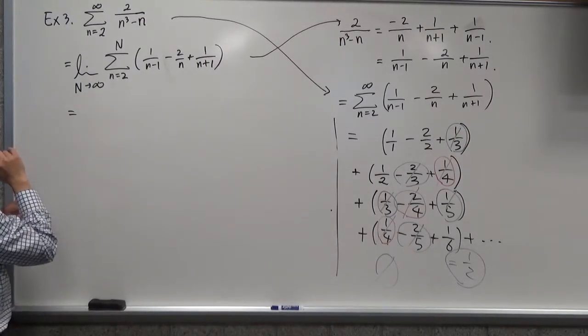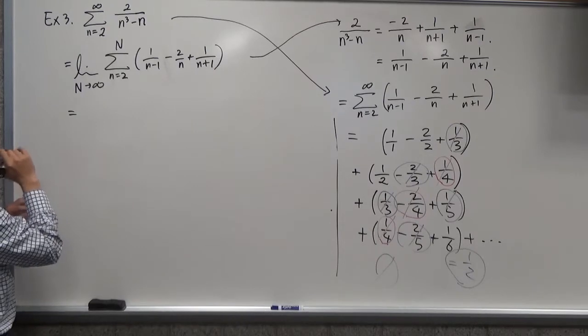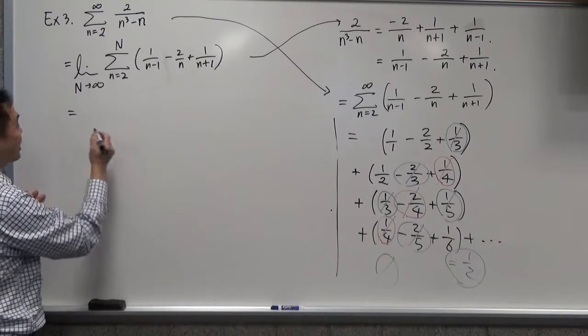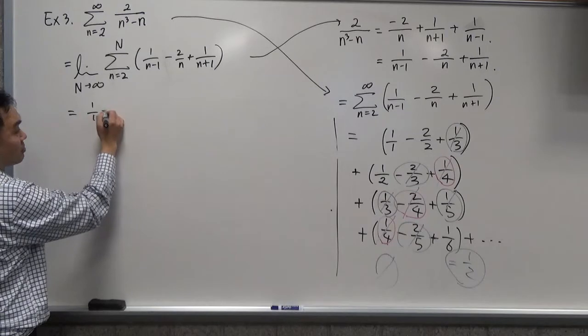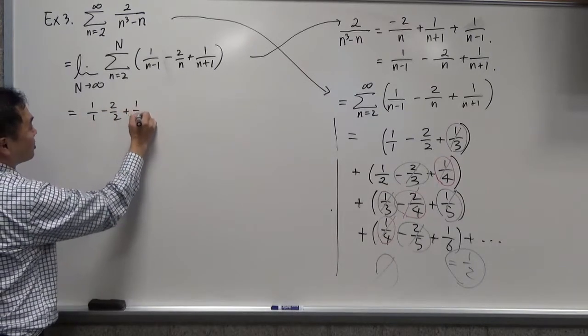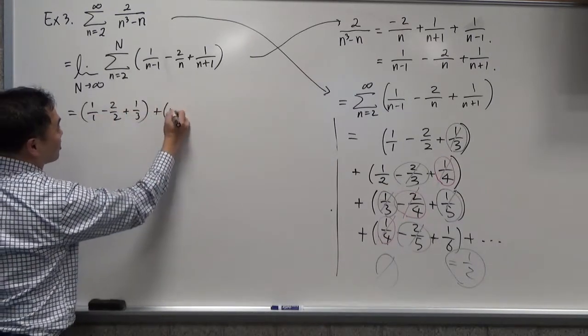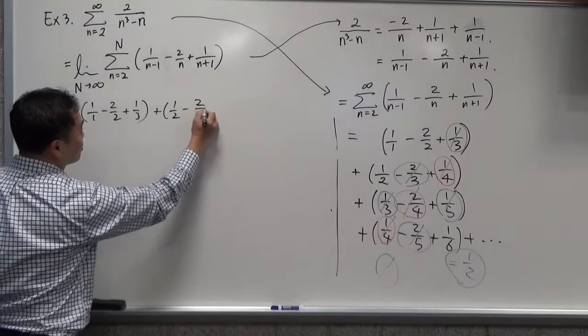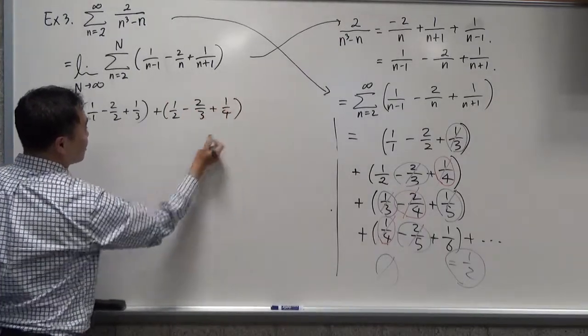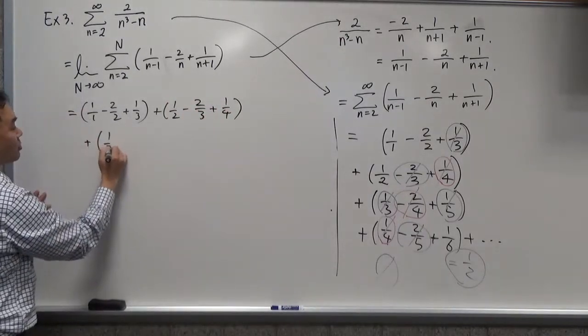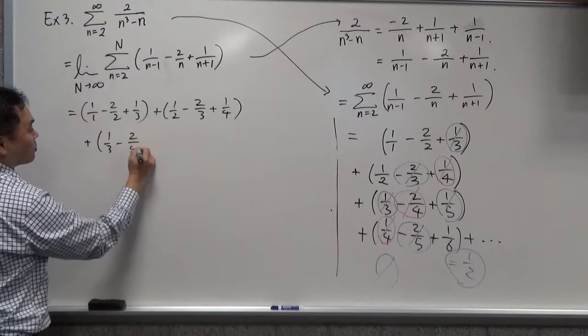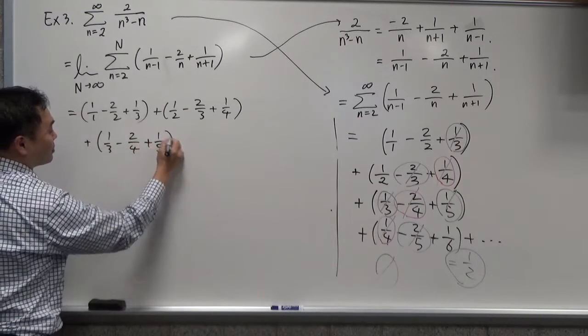The beginnings are the same: 1 over 1 minus 2 over 2 plus 1/3, plus 1 over 2 minus 2 over 3 plus 1/4, plus 1/3 minus 2 over 4 plus 1/5.